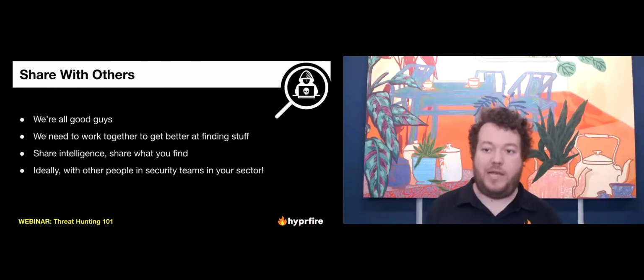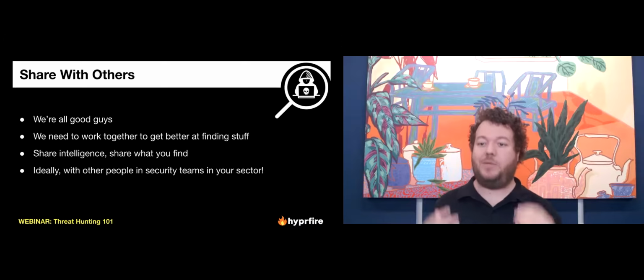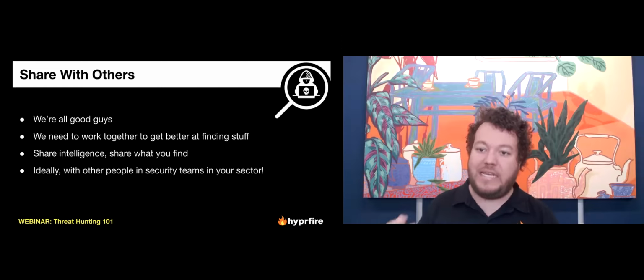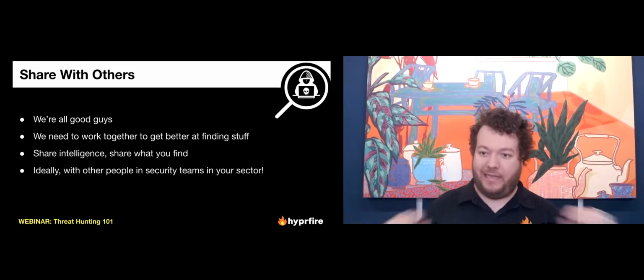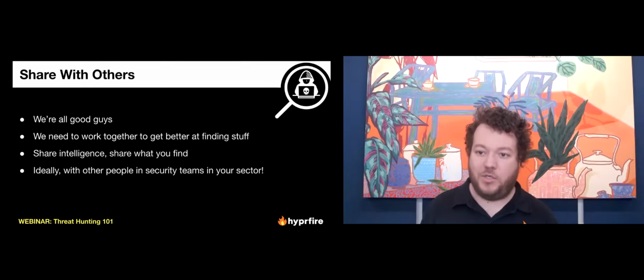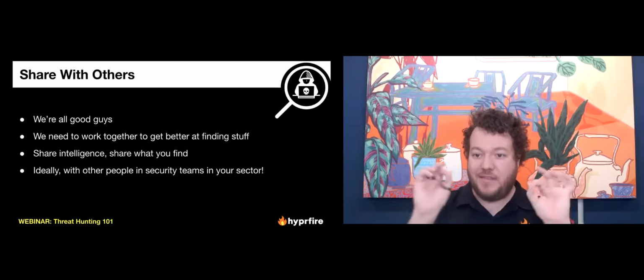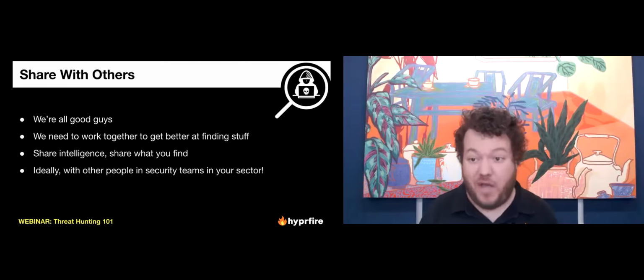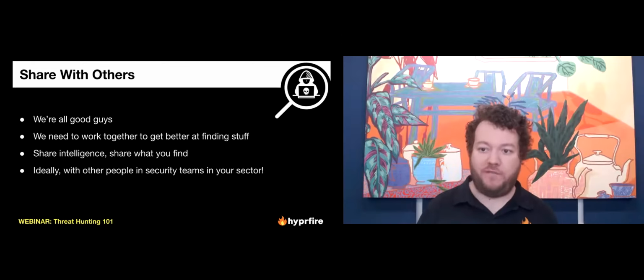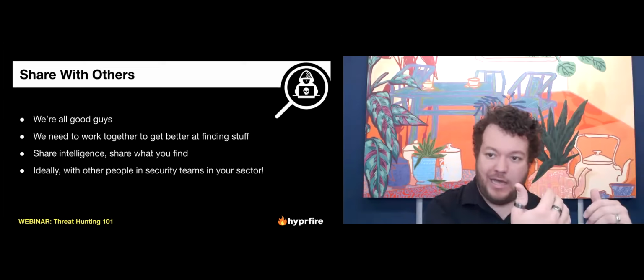We are all the good guys here. This is the apex of blue teaming. We are fighting the bad guys actively now. We're going out there and figuring out what they're doing. We're trying to engage with them. We're learning about it. We need to work together. There's a big problem in industry where we just do not talk at a high level about all of the things that we're doing. And fair enough, there are operational reasons for it. But the intelligence, the learnings on why they got in, how they did the stuff they did, what they were looking for, maybe not the specific files, but they were looking for access to accounts, right?